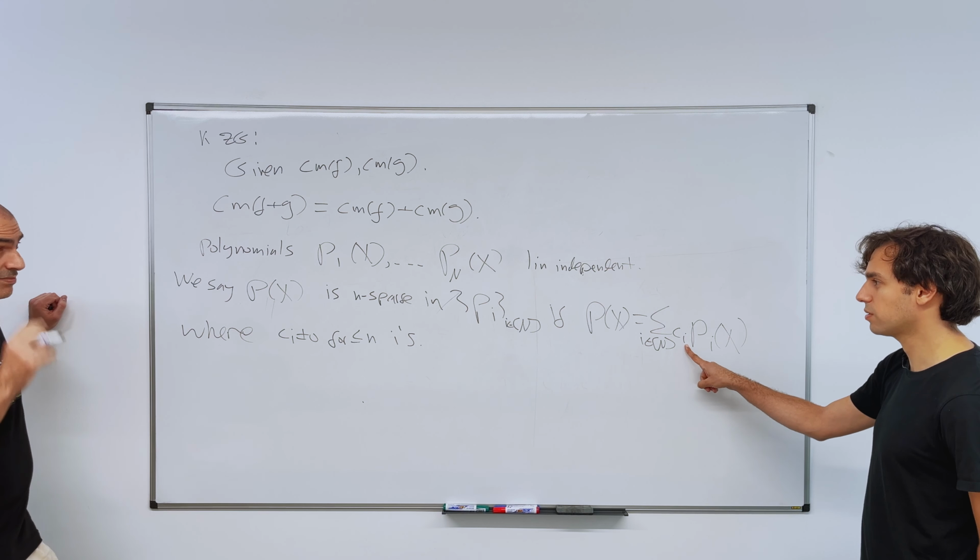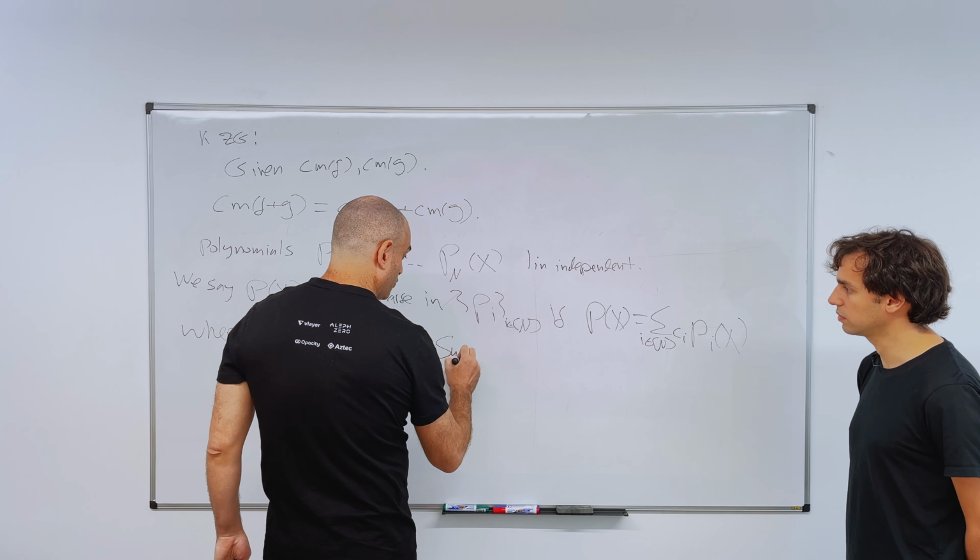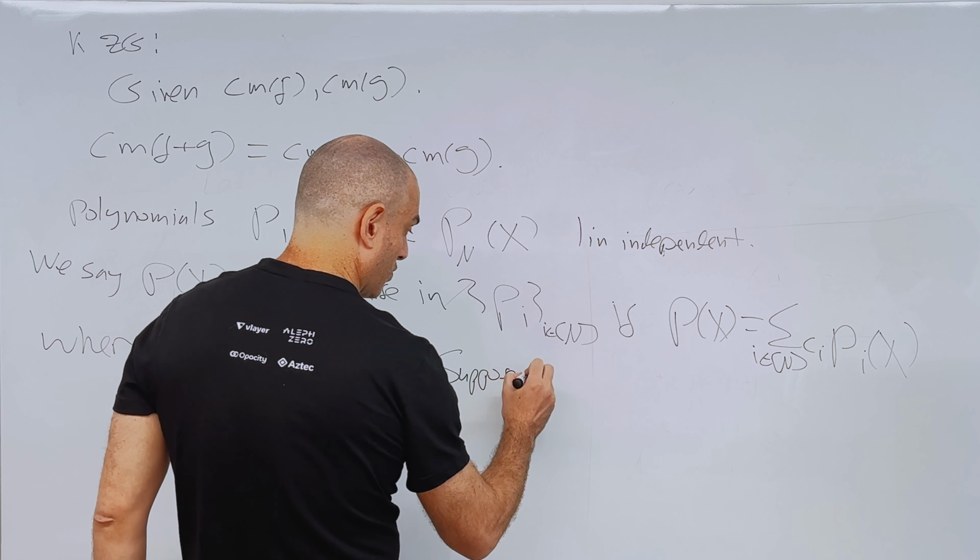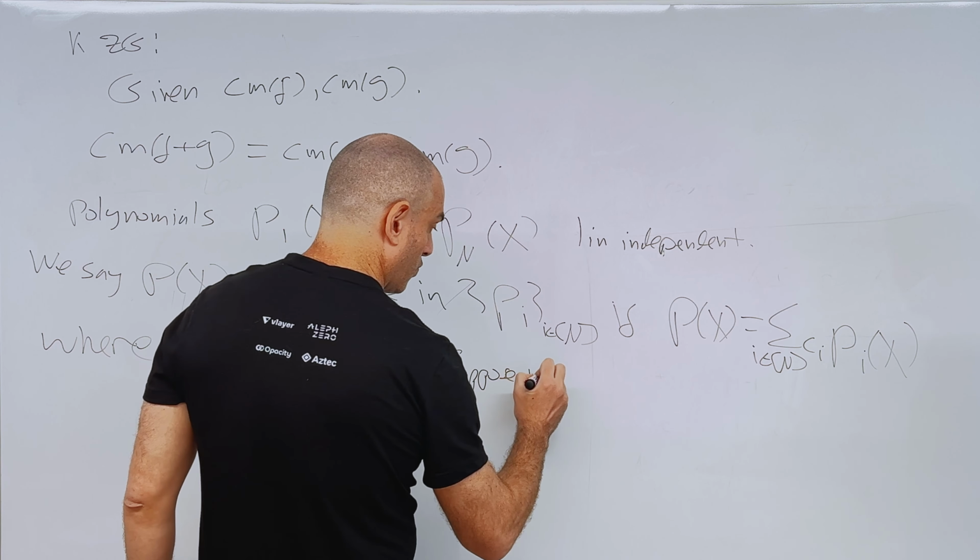So now what's going to be very useful for us is, suppose we pre-compute the commitments to the Pi's. So the big ones.